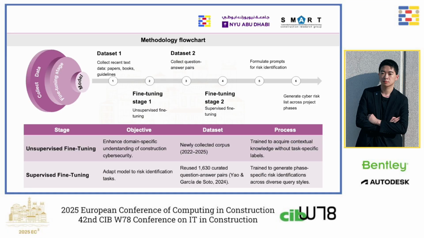Then in stage 2, which is the supervised fine-tuning process, we refine it using 1,630 carefully engineered question and answer pairs. These include different linguistic styles of questions, which mirror how someone might really ask, say, identify commissioning phase risks, or could you please tell me the risks in the commissioning phase? By doing this, we adapt the model specifically for cyber risk identification tasks.